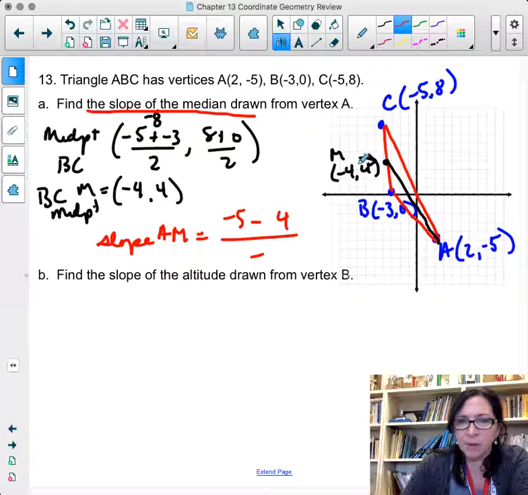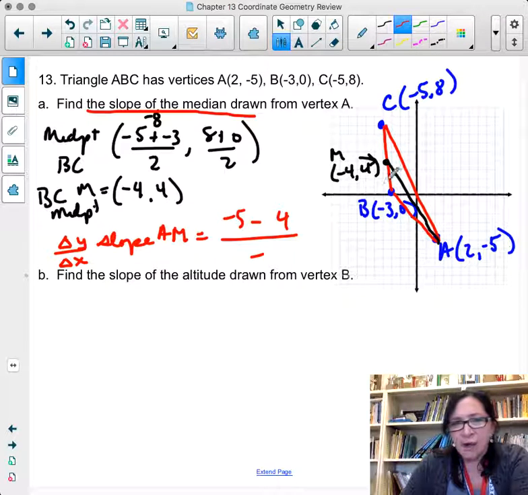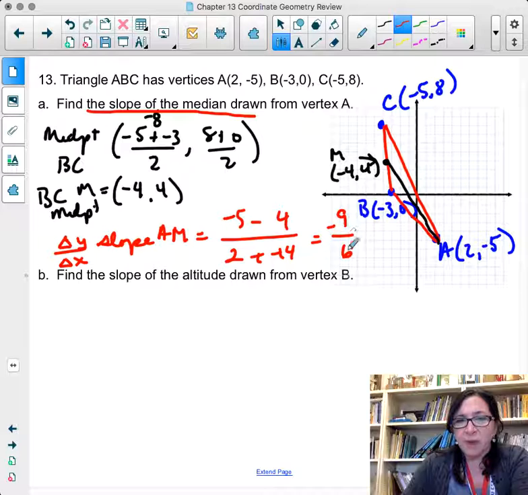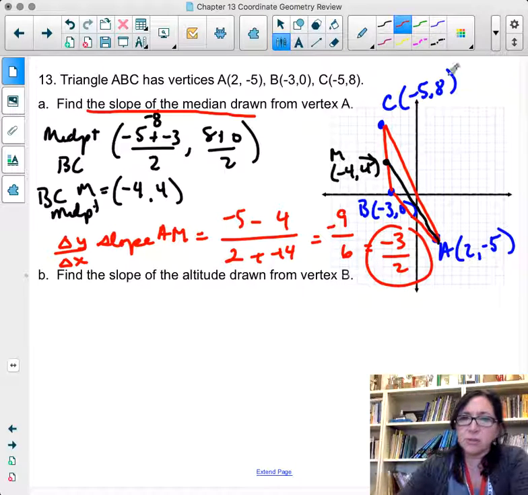That's subtracting my y's. It's always the change in y over the change in x. So we have negative 5 minus 4 over 2 minus negative 4, which is negative 9 over 6. Divide by 3, and I'm going to get negative 3 over 2. So my slope is going to be negative 3/2.